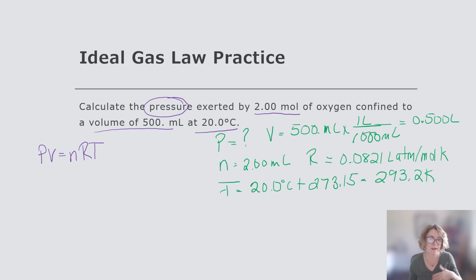All right, so once I have all of my variables set up correctly, and they are all in the correct units, I am going to take my equation and rearrange it to solve for the variable that I'm looking for. Since I'm looking for pressure, I'm going to divide both sides by volume.